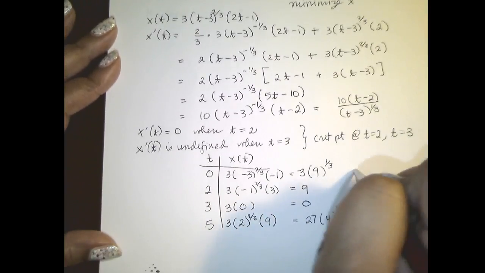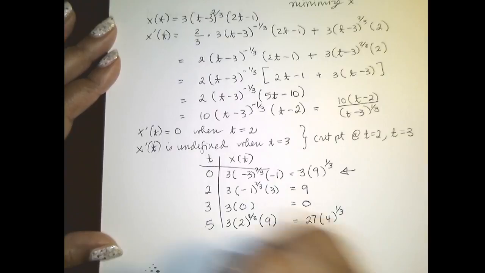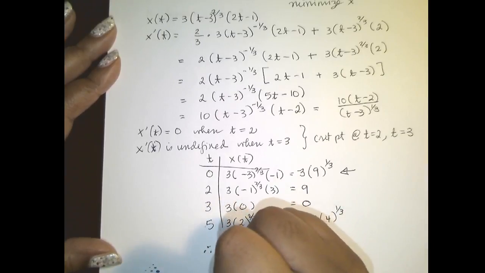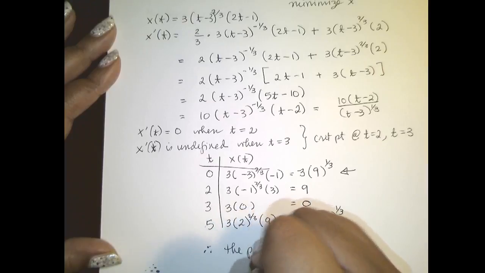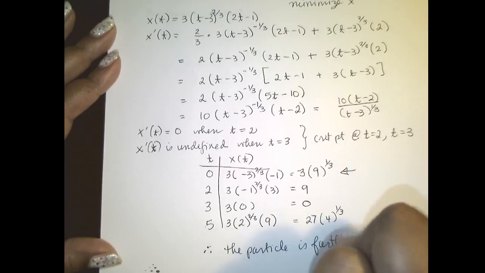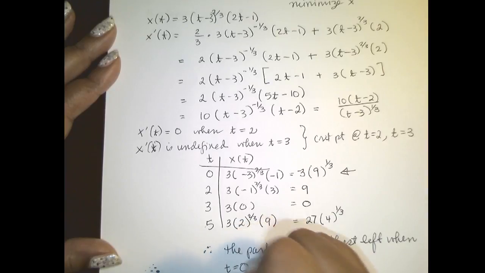Well, this value here is negative, so the minimum value must be occurring when t is equal to 0. Therefore, the particle is farthest left when t is equal to 0.